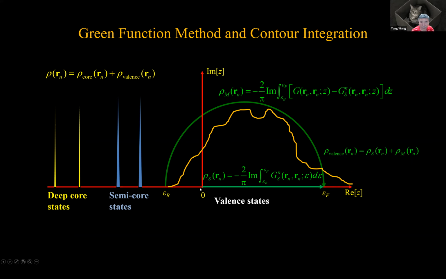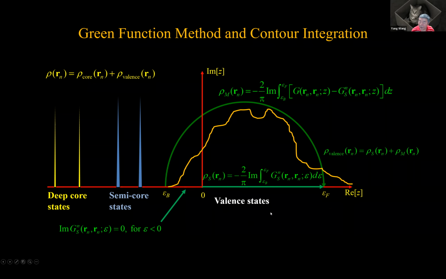All right. How about this part? Why are we only integrating from here to here, not from here? The reason, as I explained in my previous slide, is that the imaginary part of the single site Green function for epsilon less than 0 is 0. So this part doesn't appear. So we don't need it. That's the argument.